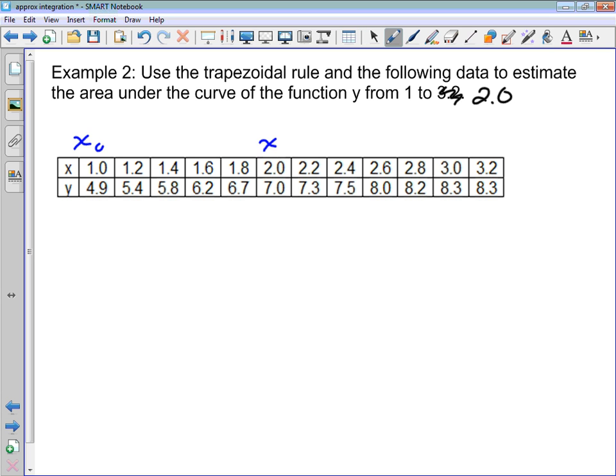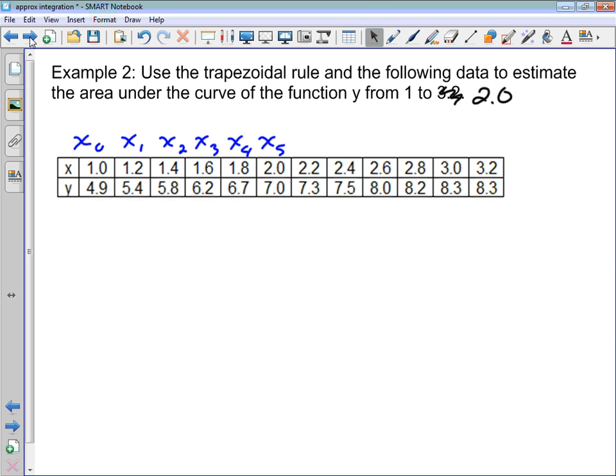We would take this value here as our last value, x equals n. So this would be x1, x2, x3, x4. So instead of x4, we can call this thing x5, and that's going to be our endpoint.